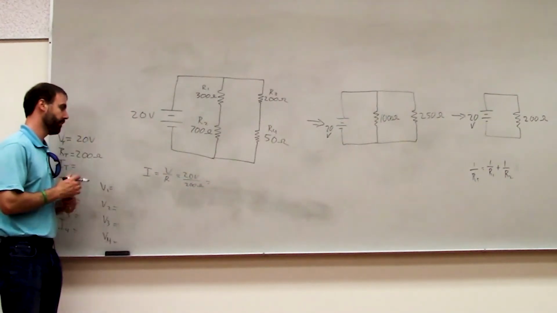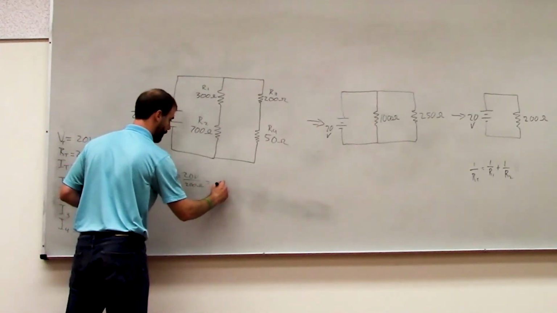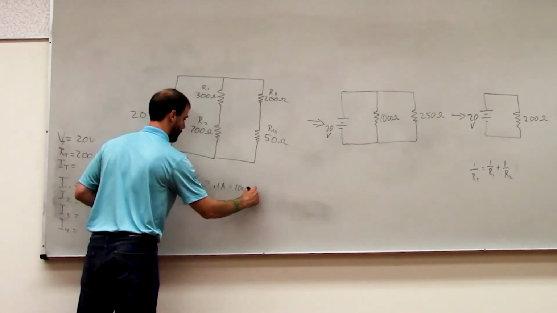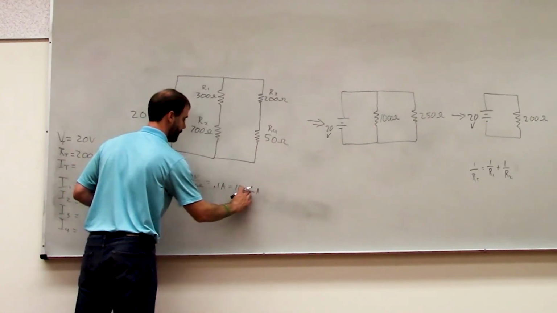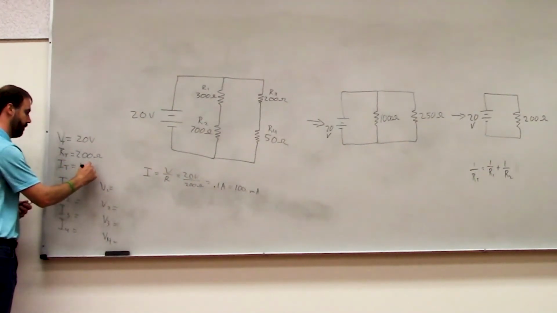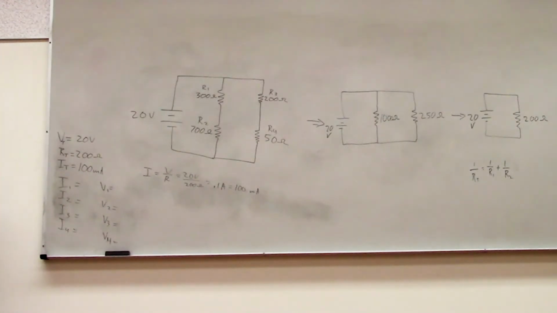What does that come out to be? Yeah. So 0.1 amps or 100 milliamps. Okay? So that's our total current. Cool.